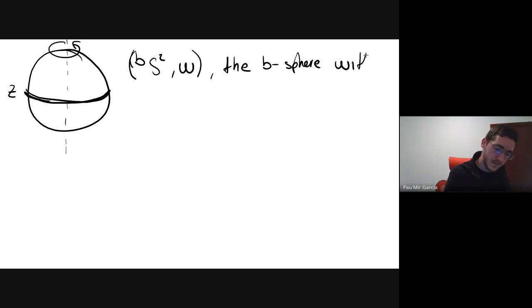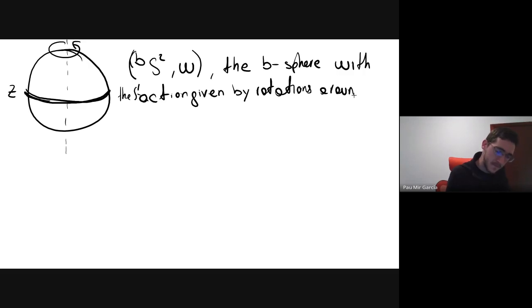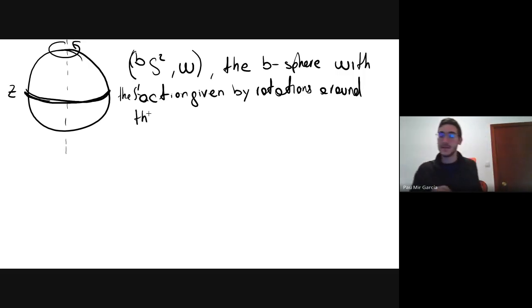With an action given by rotations, which is the S1 action, given by rotations around the z-axis. This action is essentially the same as in the symplectic case.